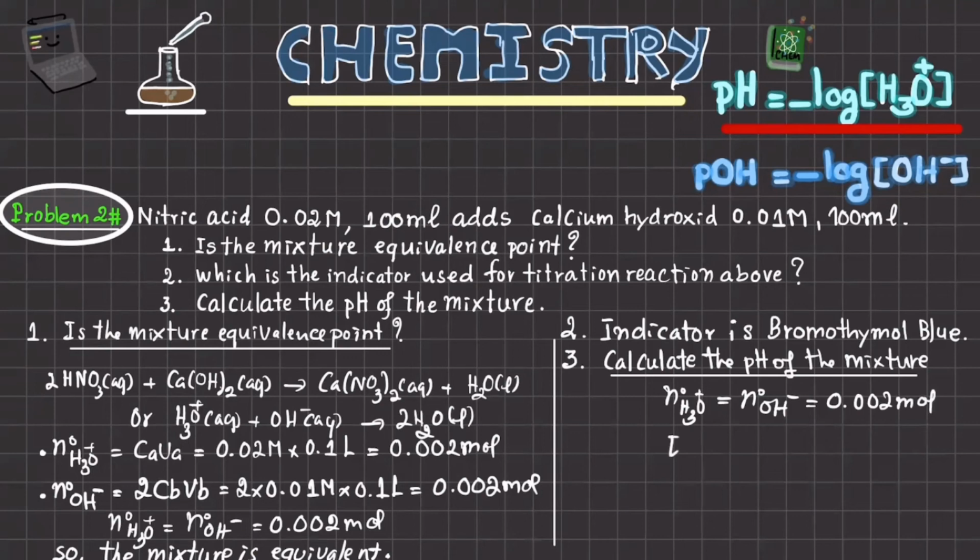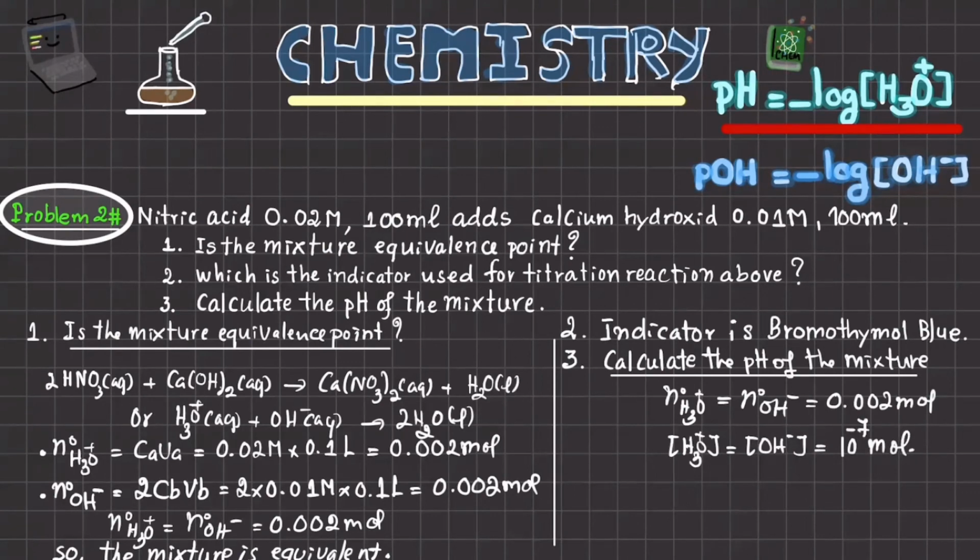the hydronium ion concentration equals the hydroxide ion concentration, equal 10 to the power minus 7 molarity.